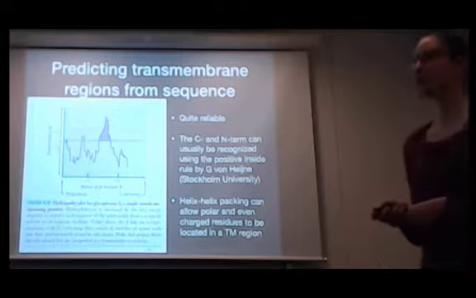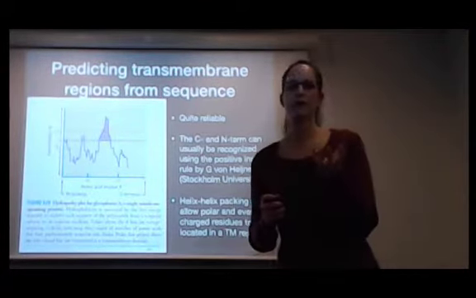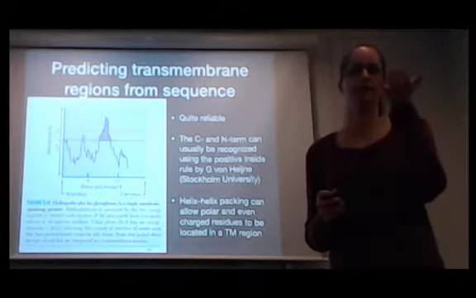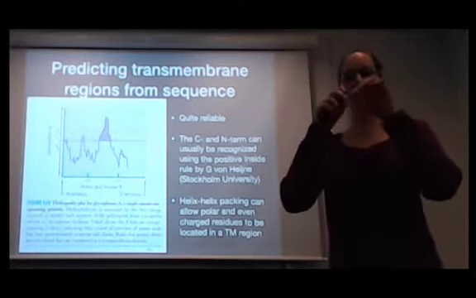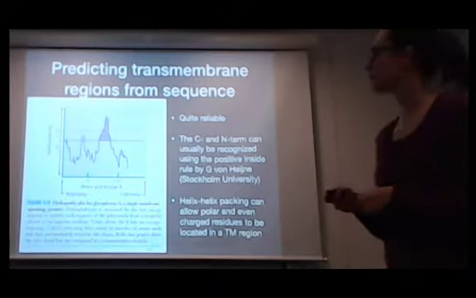I mentioned earlier, if you remember the glycophorin plot, that the positively charged amino acids were located inside of the membrane, and that is because the negatively charged lipids have a tendency to be located inside of the membrane.